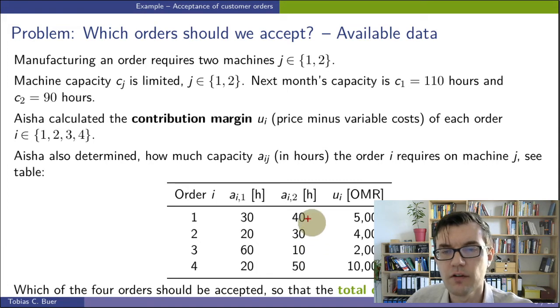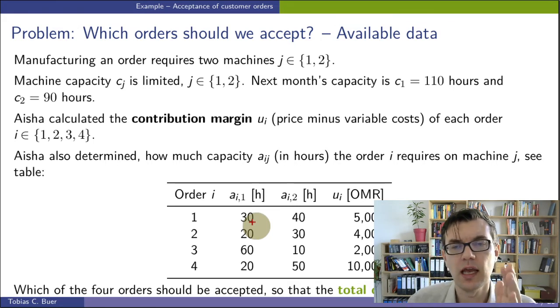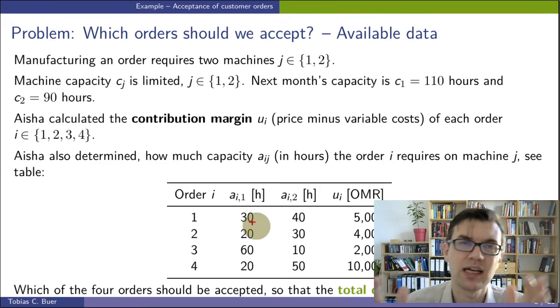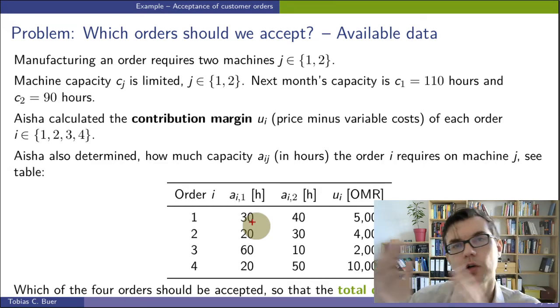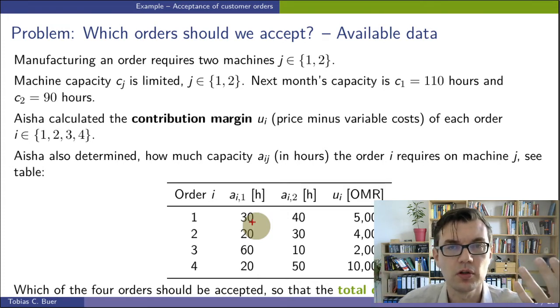On the other hand, if we accept order number 1, then we need 40 hours on machine number 2 and 30 hours on machine number 1. We always need to use machines 1 and 2 together. It is not either machine 1 or machine 2. These are different machines, and to perform one order, we need both machines.